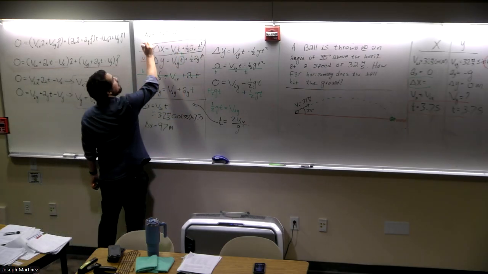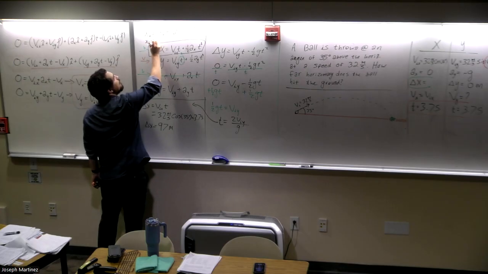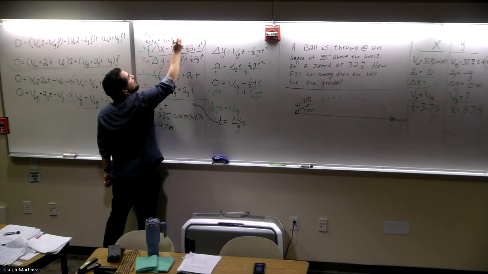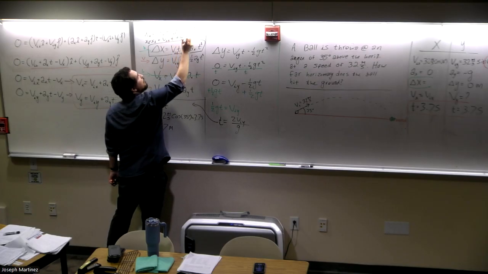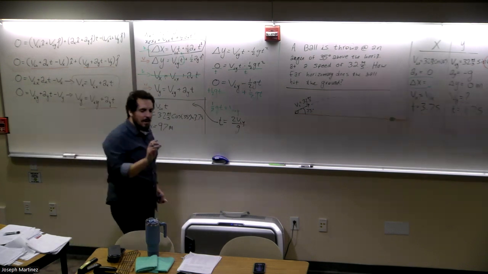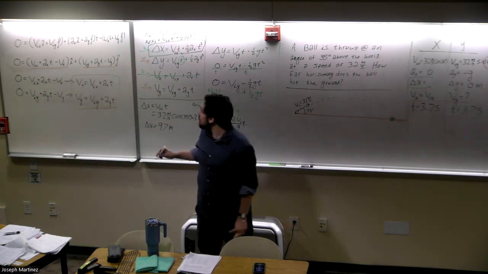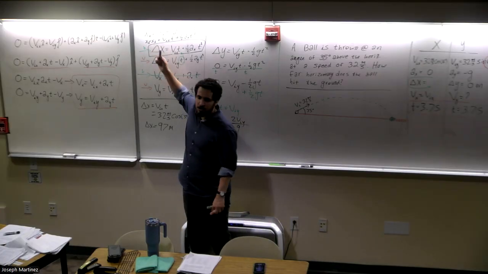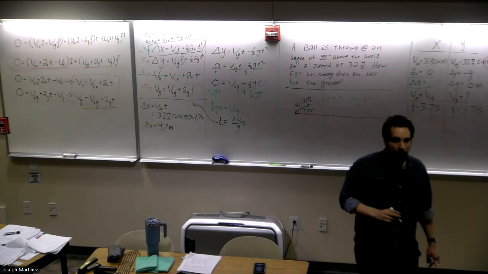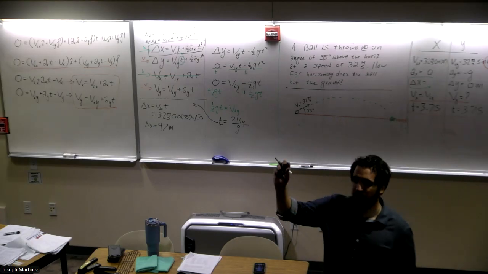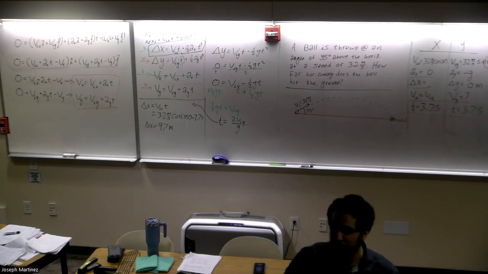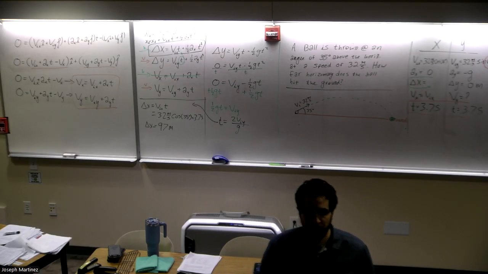What I did here is I subtracted over x initial, and displacement is the quantity that tells you about your change in position. You have final minus initial position. That's your change in position, that is your delta x. So it's just taking x initial to the other side by subtraction, and then x final minus x initial is your delta x.